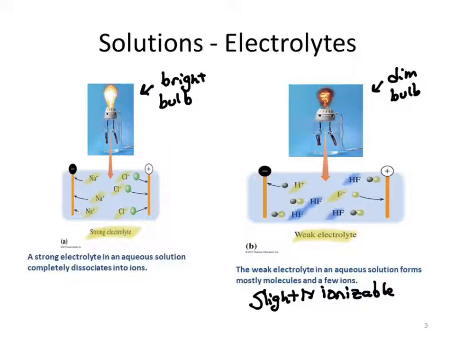Ionizable means that we can split it into ions. So we get strong electrolytes that are completely ionizable, and weaker electrolytes that are only slightly ionizable. Some weak electrolytes only produce a couple of ions, some produce a few more, but the result is that we don't have as many ions because some of the molecules stay as intact molecules.